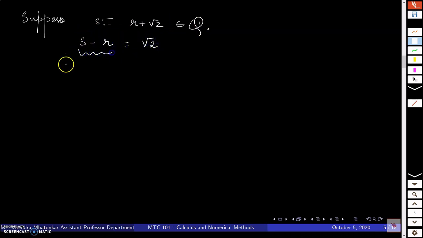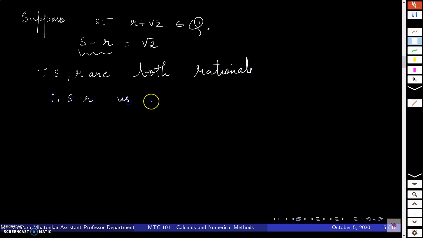Now S and r are both rationals. That means their difference is also a rational number. So S minus r is a rational. But S minus r is equal to root 2. This implies root 2 is a rational number.